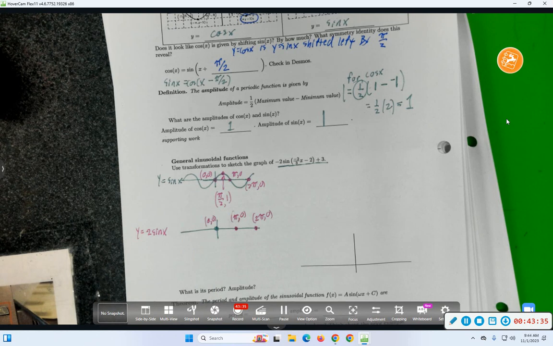Pi over 2, 1. Where does it go when you multiply the y value by negative 2? Yeah, it goes to the bottom. Pi over 2, comma negative 2, I guess.